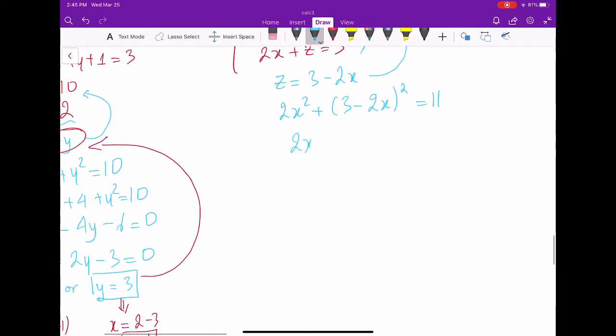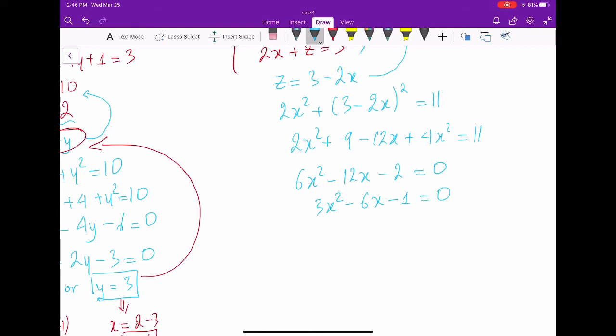So I have 2x squared plus 9 minus 12x plus 4x squared equal to 11, or 6x squared minus 12x minus 2 equal to 0. Or we can simplify, we write 3x squared minus 6x minus 1 equal to 0.